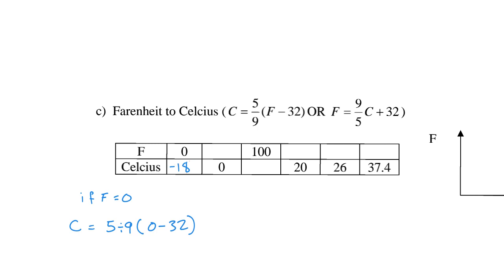For the second one, if I'm looking for Fahrenheit when the Celsius is equal to 0, I'm going to use a second equation, which is this one. So F is equal to 9 divided by 5 times C. Because it's squished up, it's times C. And then we add 32.